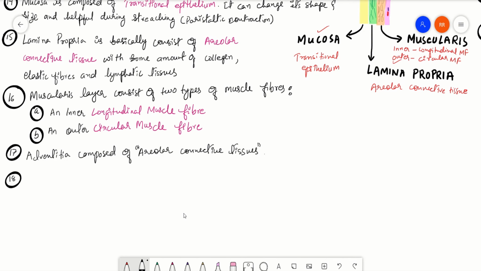The presence of these kidney stones or calculi will result in a painful condition known as nephrolithiasis.